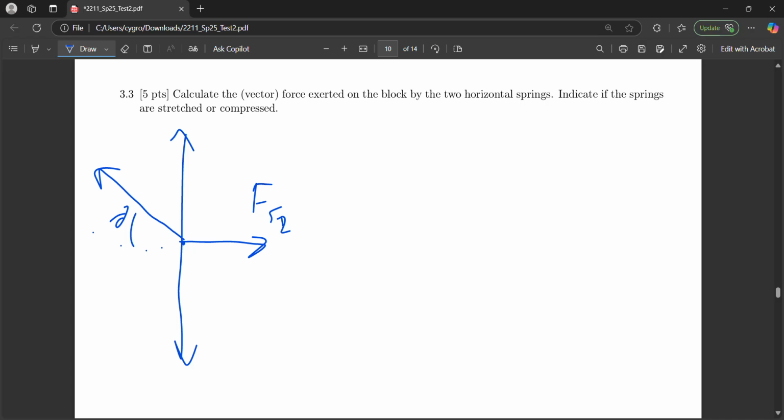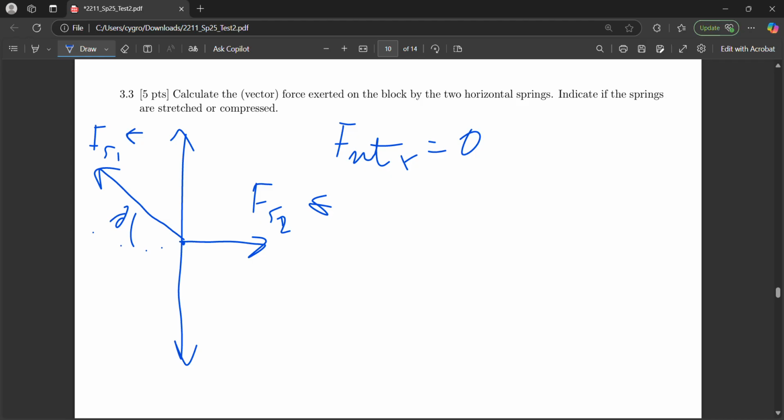So, what we're going to do for this one is we know that it's motionless, so our F net in the x component is still equal to 0, and we can see that the only thing acting in the x direction is our spring force 1 and our spring force 2.